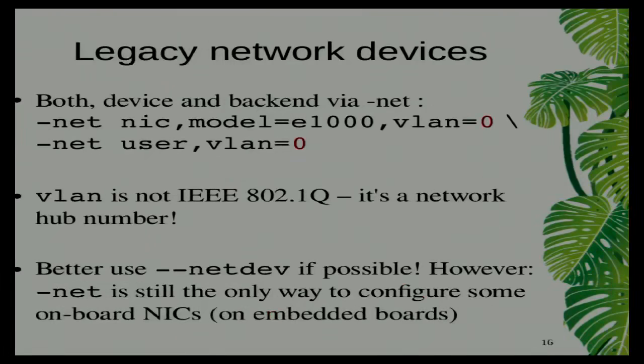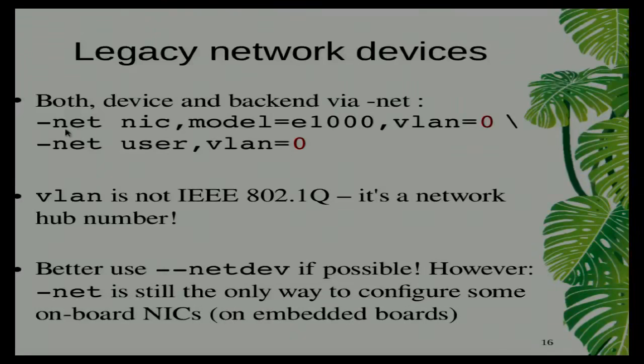Of course, there's also a legacy network command, and this is the -net command. The -net command can be used to configure both the guest hardware and the host backend, but not in one line. You have to specify it twice.